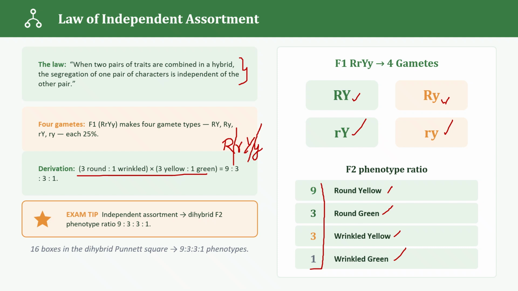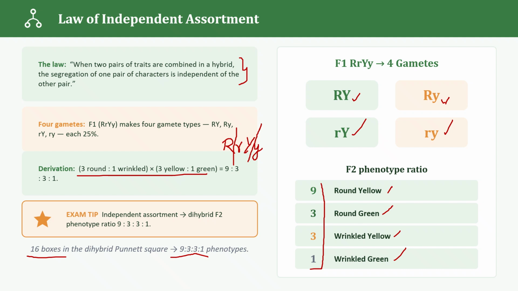So next we are going to see, when these four male gametes combine with the four female gametes, what will happen? So 4 into 4 in the Punnett square means a total combination of 16. How many? 4 into 4 is 16 boxes, right? So the phenotypic ratio is 9:3:3:1.